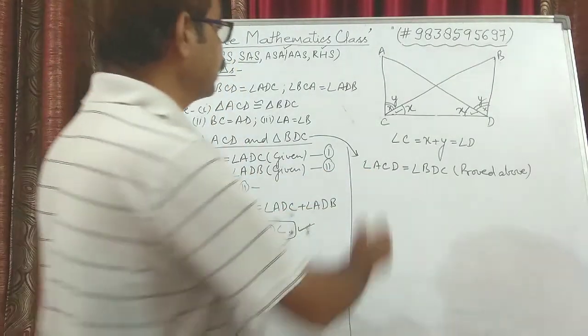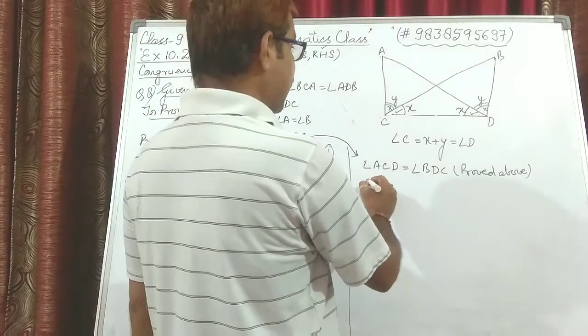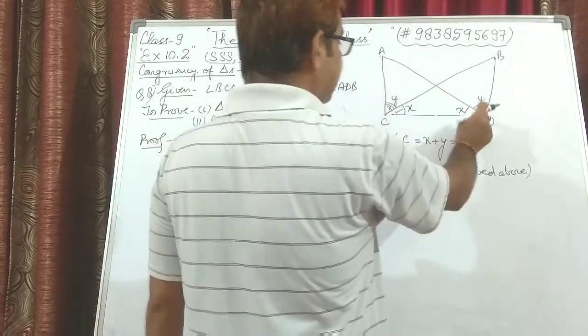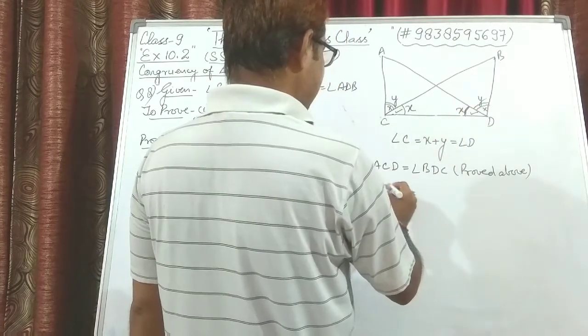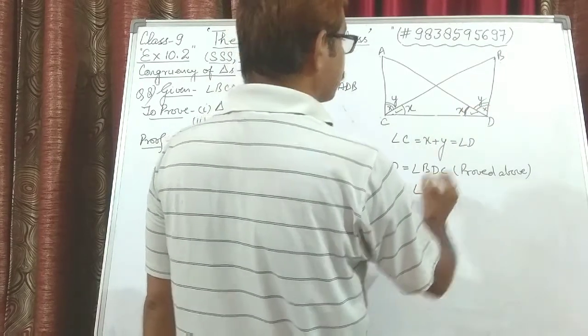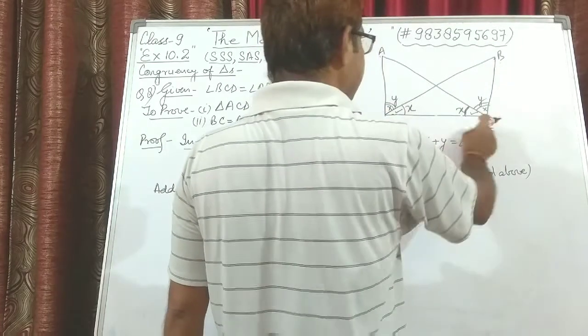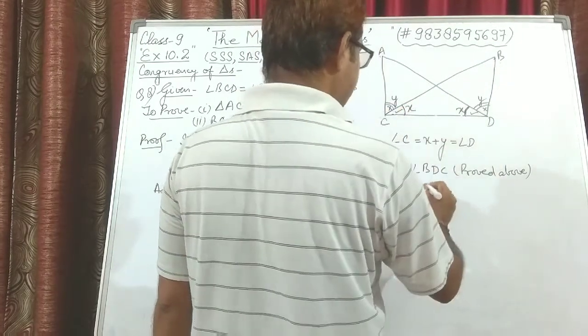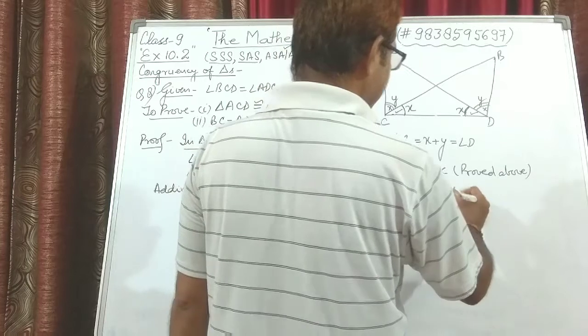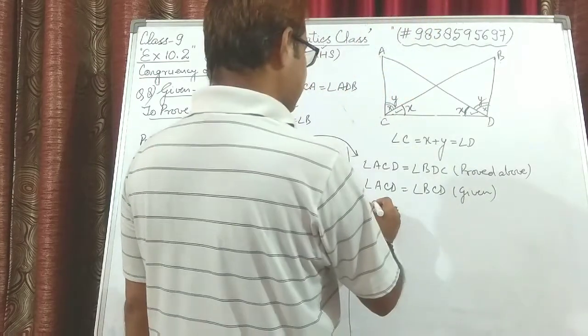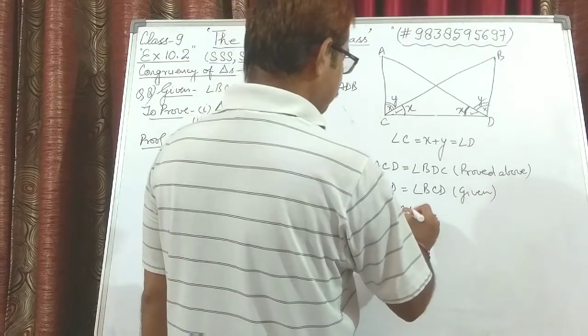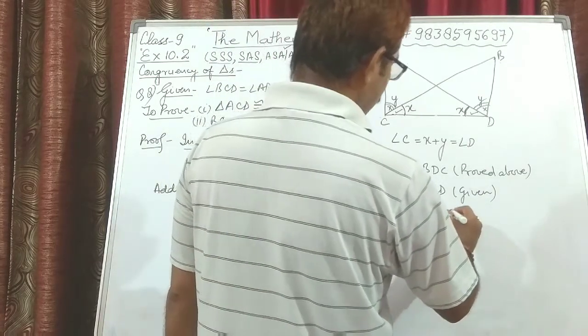Now second point, you can say that angle ACD is equal to angle BCD, only this angle, this is given. Third point, we can say that CD is equal to CD, that is common.